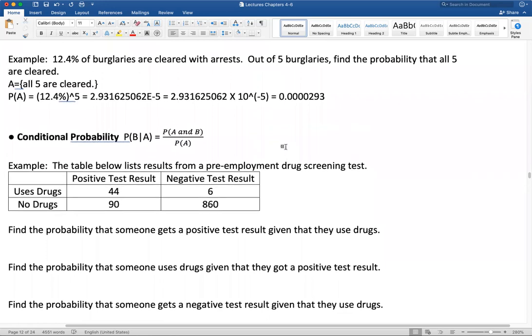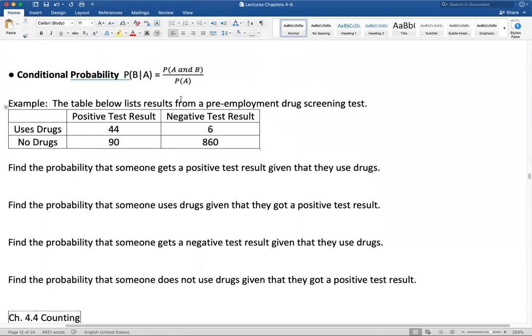So, conditional probability. Last time I introduced conditional probability briefly, right? Conditional probability is written P of B bar A, that's the notation. It means the probability that event B occurred, given that event A has already occurred. So we assume that event A has already occurred.